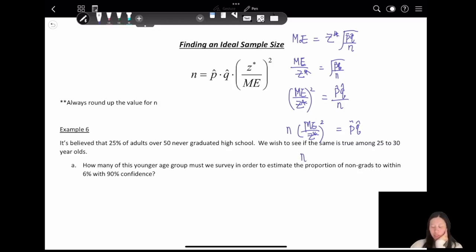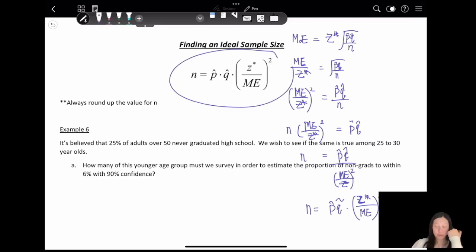So n equals p hat q hat over the margin of error over the z-score, squared. Now we simplify this by flipping the fraction. We have n equals p hat q hat times the z-score over the margin of error, squared, which is this formula.